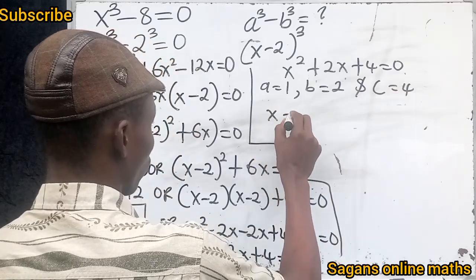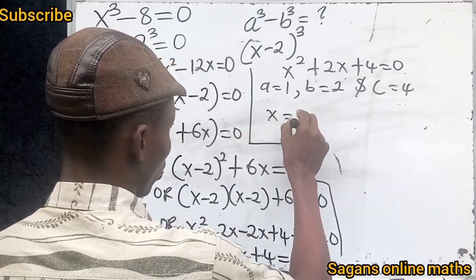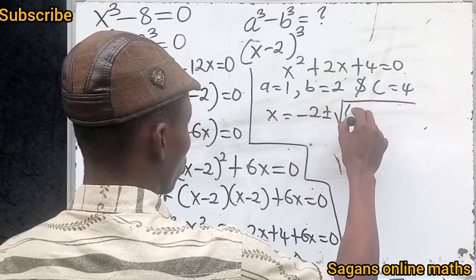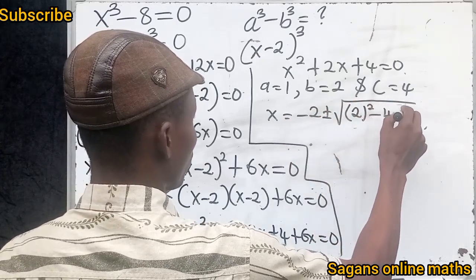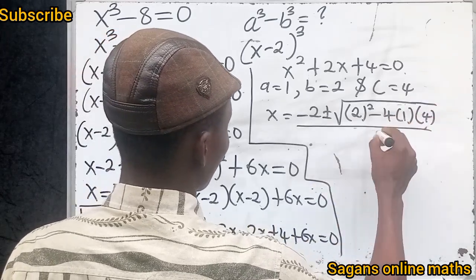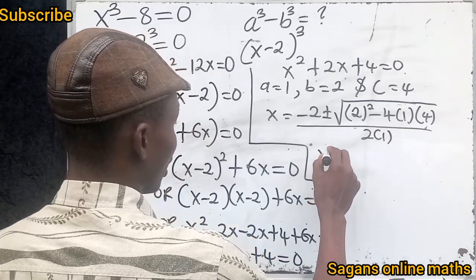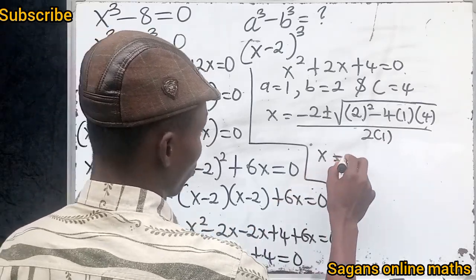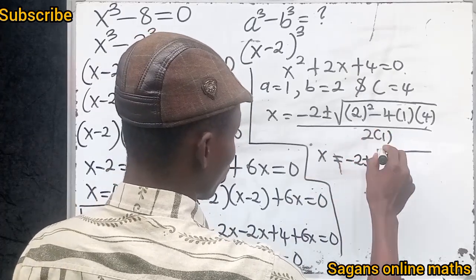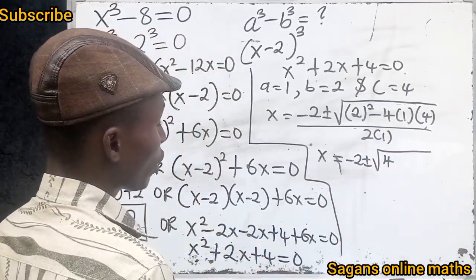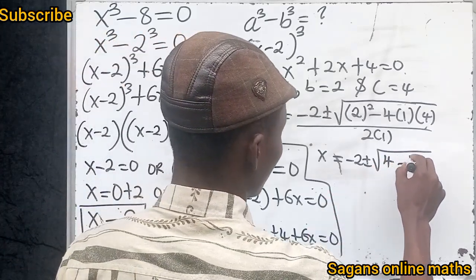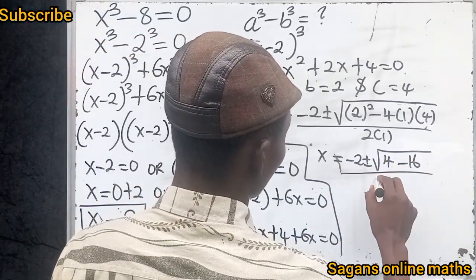That means x equals minus b, which is minus 2, plus or minus the square root of b², which is 2², minus 4 times a times c, which is 4, divided by 2 multiplied by a. So x equals minus 2 plus or minus the square root of: minus 2 raised to the power 2 simply means 2 times 2, which is 4, then minus 4 times 1 times 4 is minus 16, divided by 2.